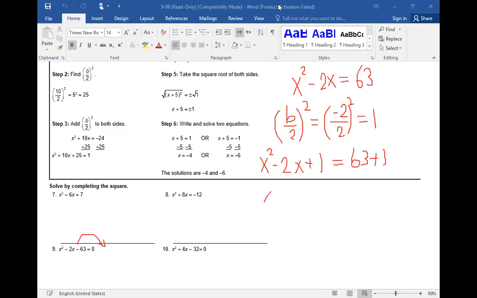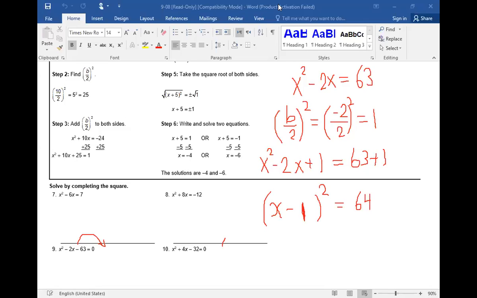Now we want to write a perfect square, all to the power of 2, equal to 64. Square root of the first is x, the sign in the middle will be negative, and the square root of the last is 1.